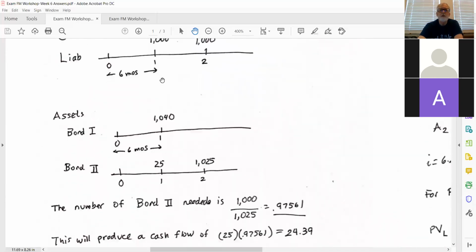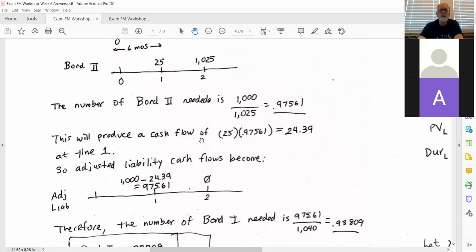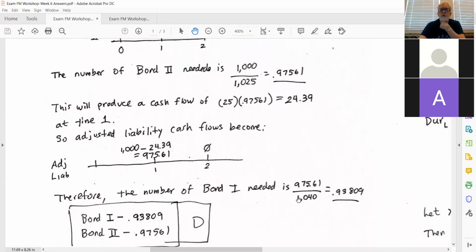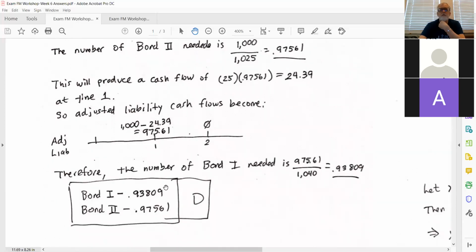We have 1,000 liability at time 1. If you subtract the coupons, there's 975 remaining liability, and each of the 1-year bonds generates 1,040. So we need 0.93809 bonds. So to summarize, that's the number of each of the bonds, and that exactly matches answer D.